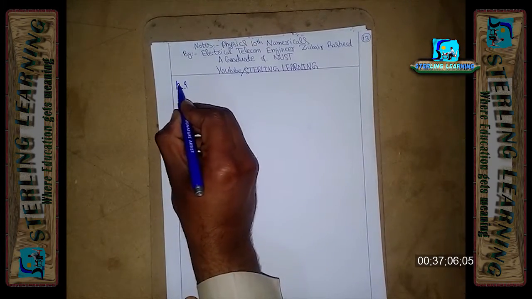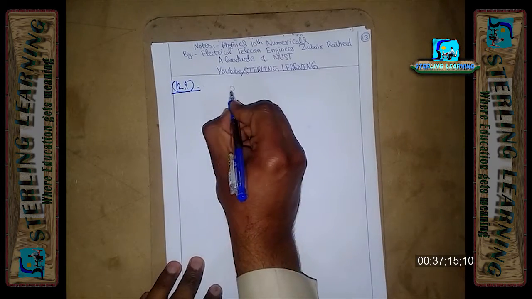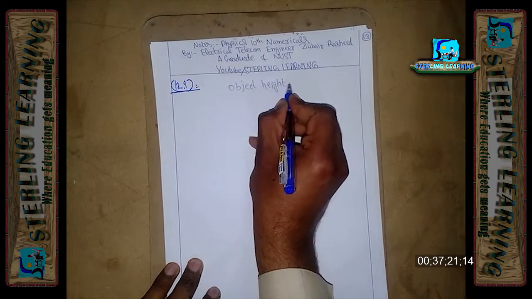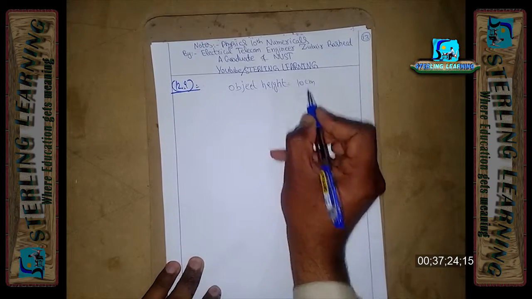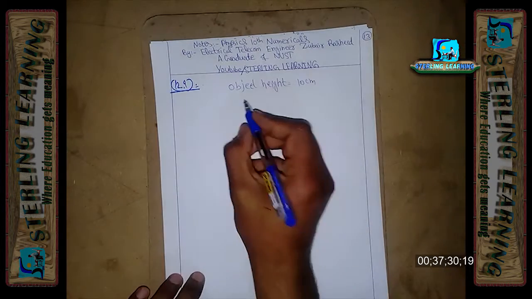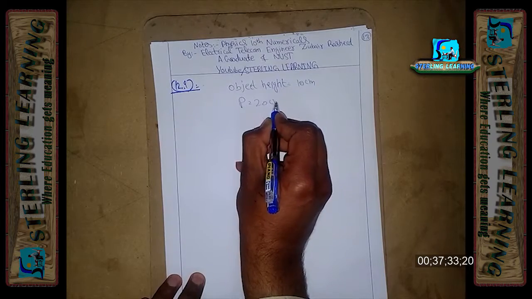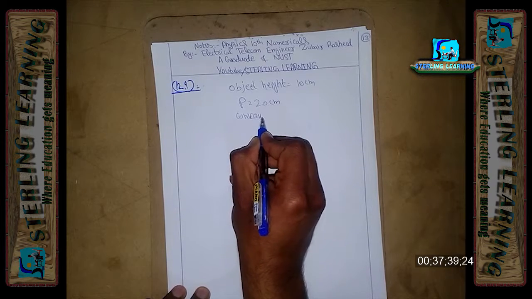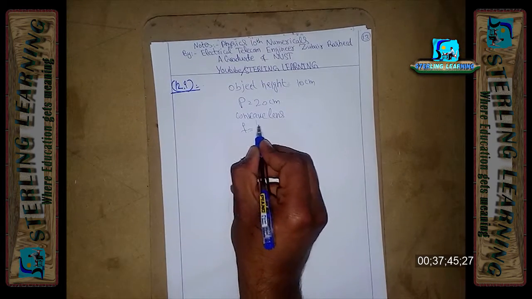Okay, 12.9. We have the conditions as object height 10 centimeters and distance p is equal to 20 centimeters from a concave lens. और इसकी फोकल लेंथ है आपके पास 15.